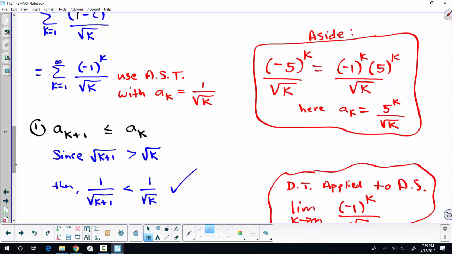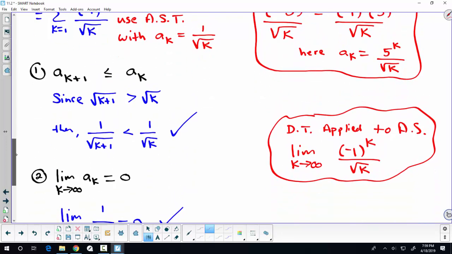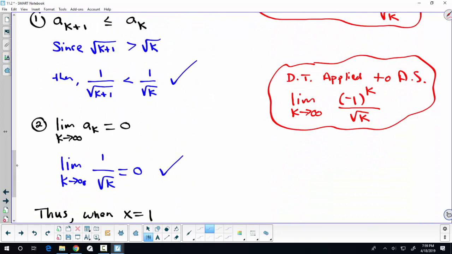So it converges by the alternating series test. So that condition was true and that condition was true. If either one of those conditions is false, you have a divergent alternating series. Or to converge, both of those conditions have to be true.